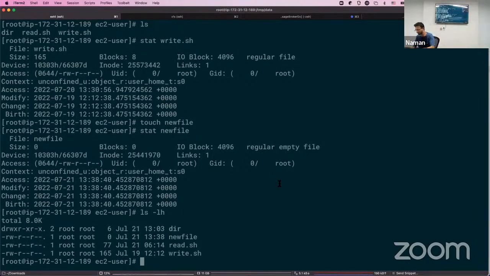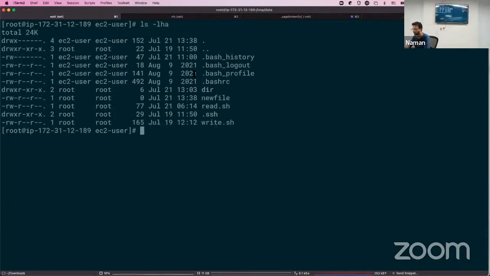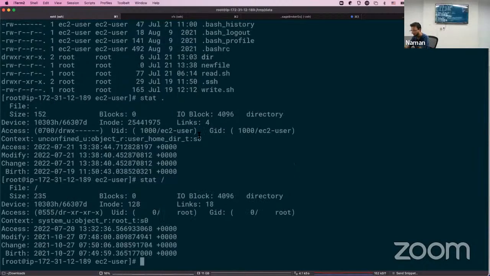Right. So let's say we do this, and let's say a stat on dot as well. So there's an inode number to it. Let me do stat on the root directory. So this inode number is 128.